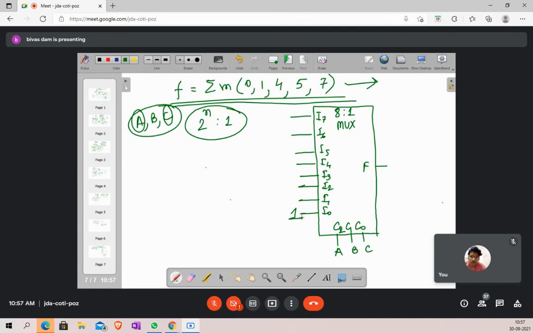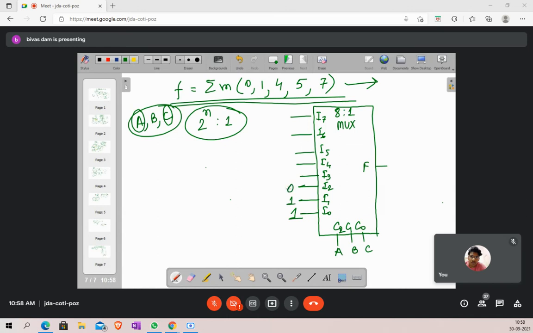For ABC 001, what is the required output? 1. So 1 should be connected to the I1 input. Then for 010, what is the output requirement? 0.